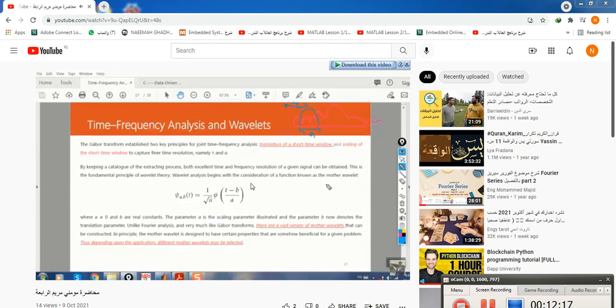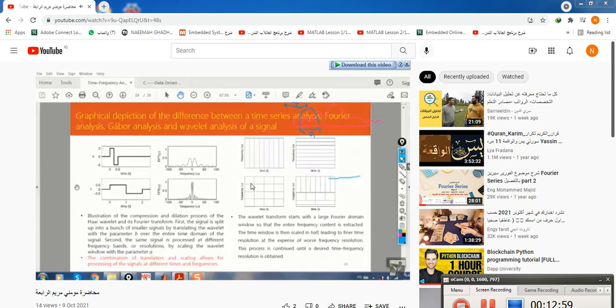Then another transformation appeared, and they called it a wavelet, and they called this window the mother wavelet. Usually they show this mother wavelet with psi, and then this psi has a translation by B, and also a scale with A. And there are a variety of mother wavelets.